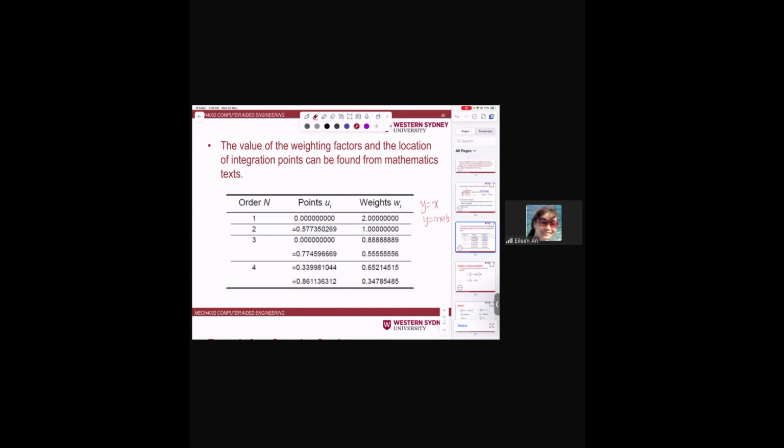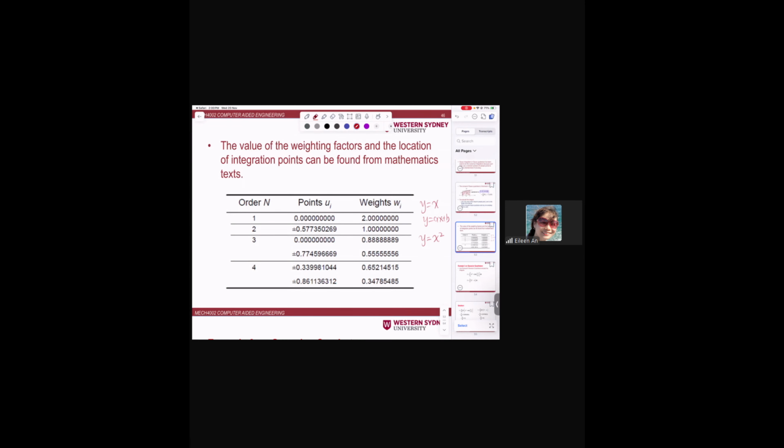If so, the weight of this point is 2, because the integration is from -1 to +1, right? The weight. But if we have another equation like we practiced, when y equal to x squared, if we use just one Gaussian point, when x equal to 0, y equal to 0. 0 times 2, 0. We can't use it.